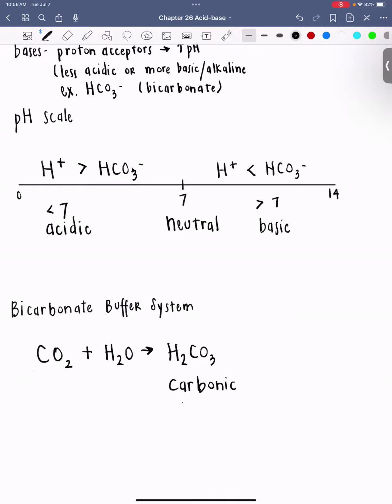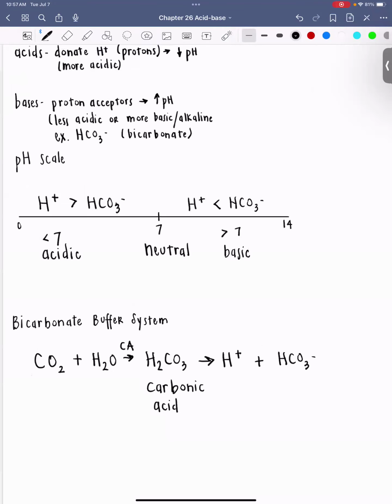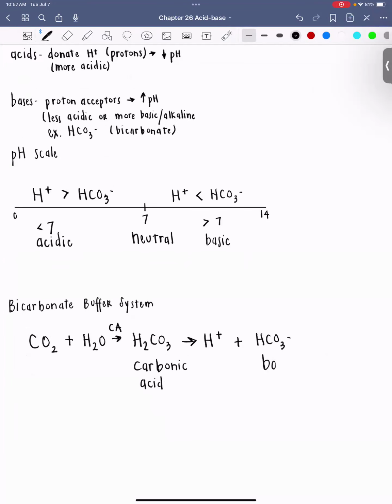This is catalyzed by an enzyme called carbonic anhydrase. Carbonic acid is a weak acid that readily dissociates into hydrogen ions and bicarbonate ions. The bicarbonate, again, is our base.